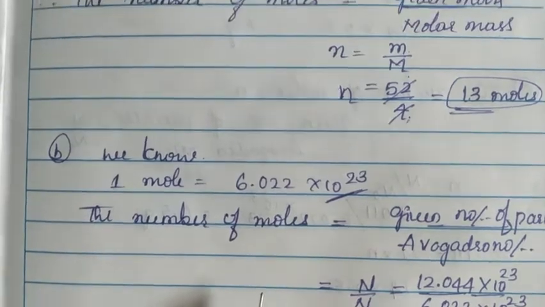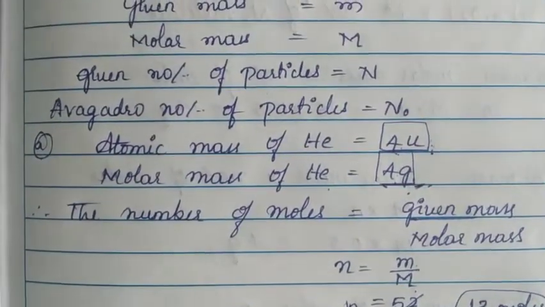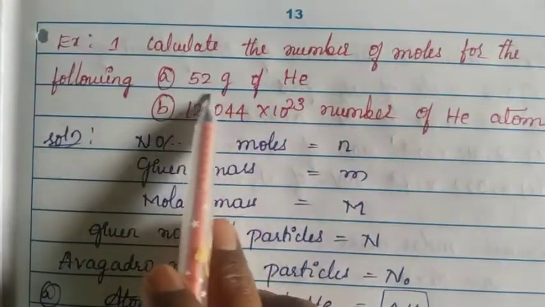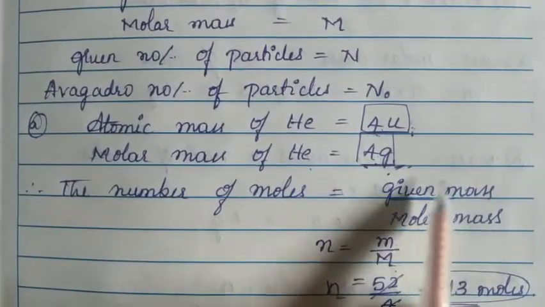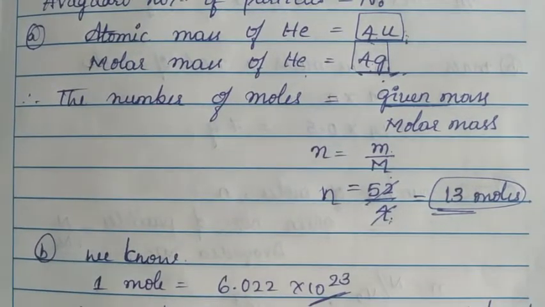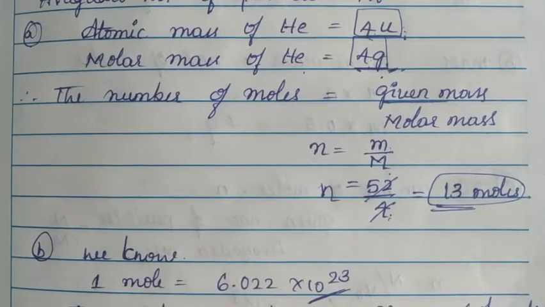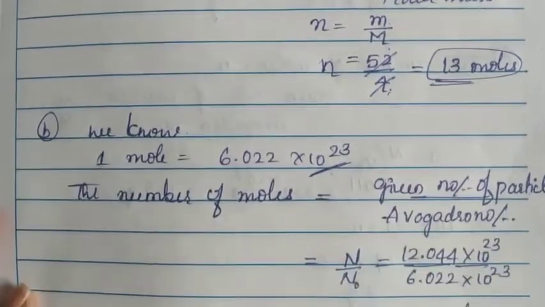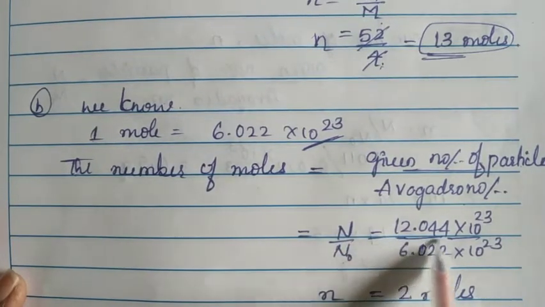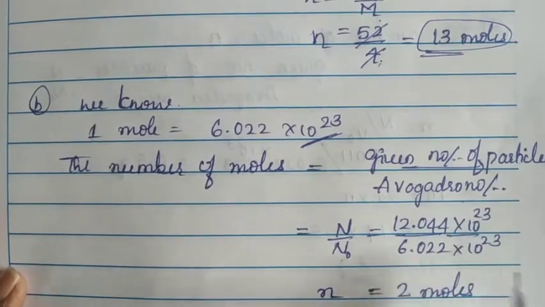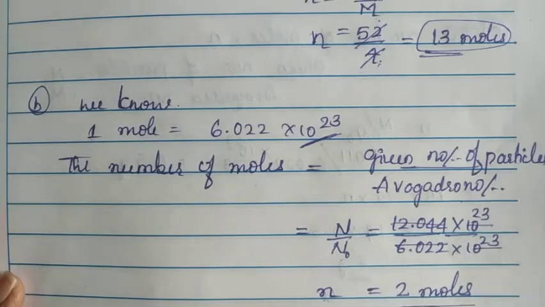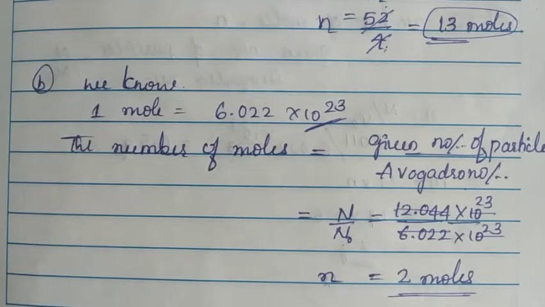But in the first case, the mass was given in grams, so we take given mass to molar mass. Observe here, children, the given number of particles and the Avogadro number cancel together, and we get the number of moles as 2.